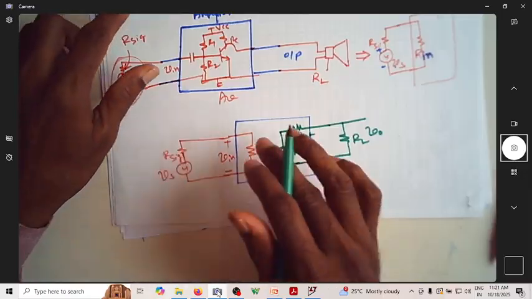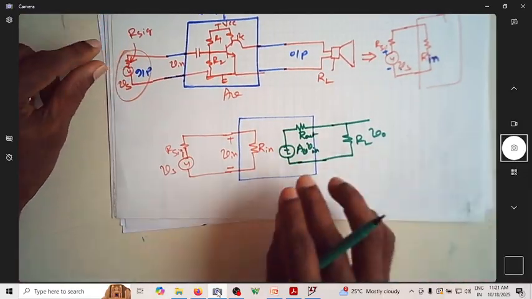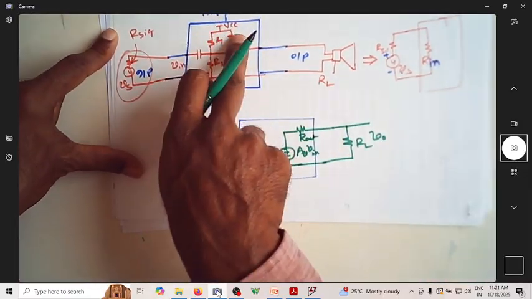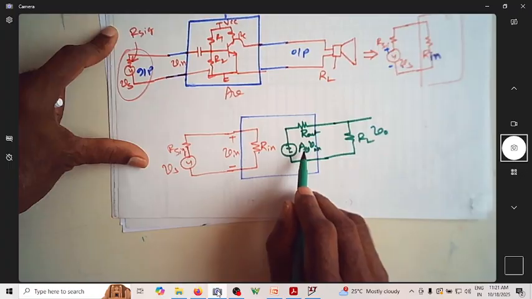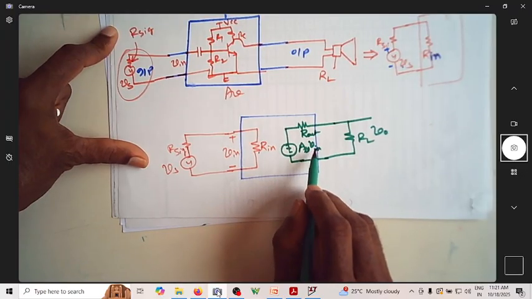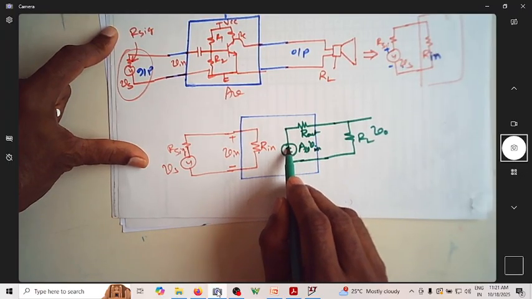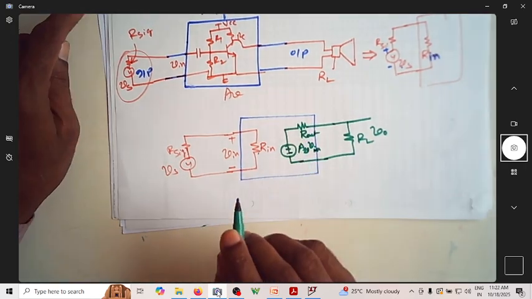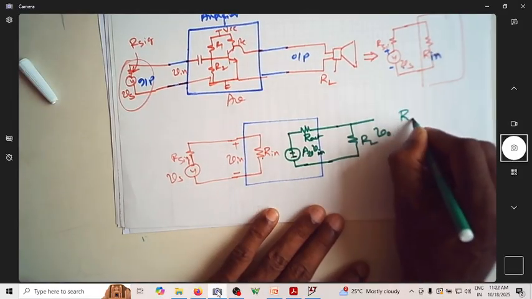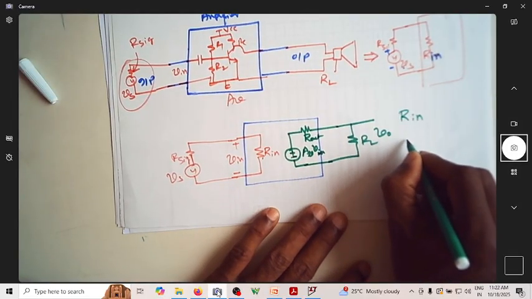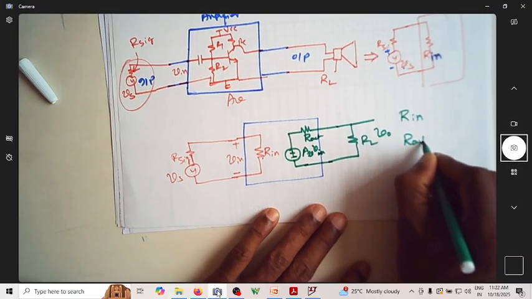Correct. So what is this amplifier now replaced by? This amplifier is now replaced by R in, AV times V in, which is a voltage source, plus and minus here, and there is a R out. So now we need to know what should be the value of R in and what should be the value of R out.